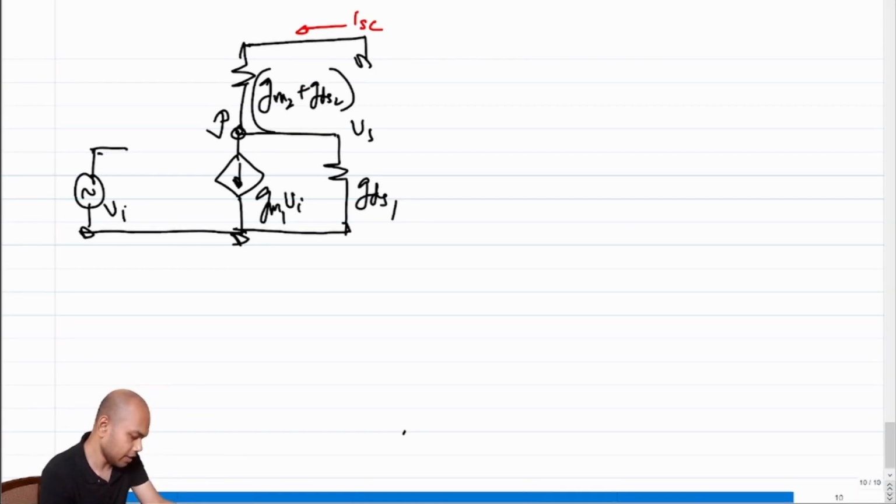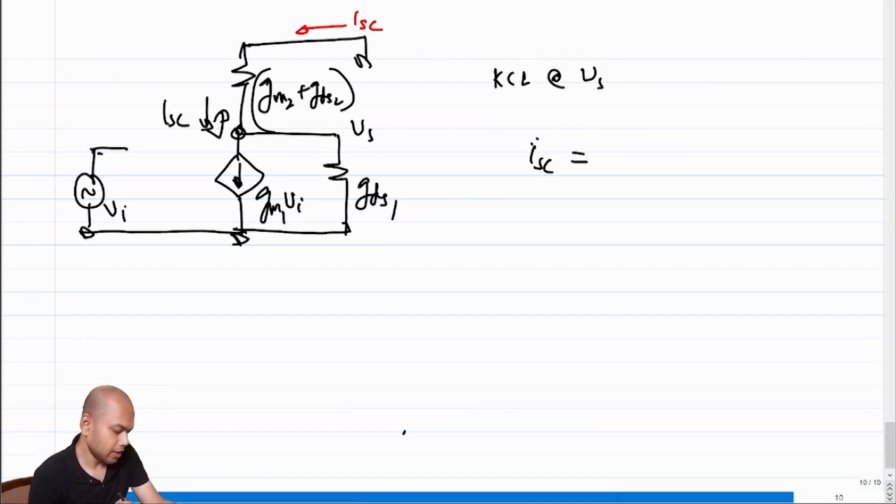So what is ISC? KCL at Vs will yield the current that is coming into that node, Vs, is Gm times Vi. This is ISC essentially. So what will be ISC? ISC will be the original current, Gm1 times Vi, whichever was coming into that node, divided between two conductances. The higher conductance will win.